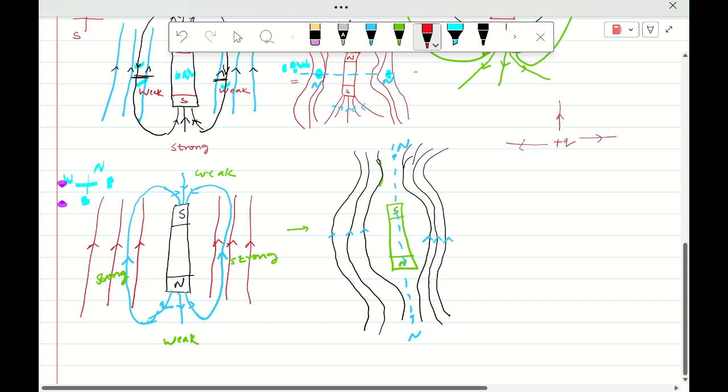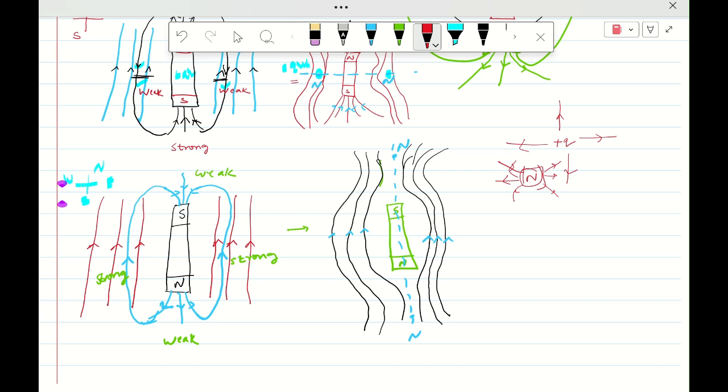Similarly, the field lines from the north pole of the magnet move away. So a positive charge and a north pole are similar, and the south pole is the opposite, like a negative charge. That concept is based on the field lines.